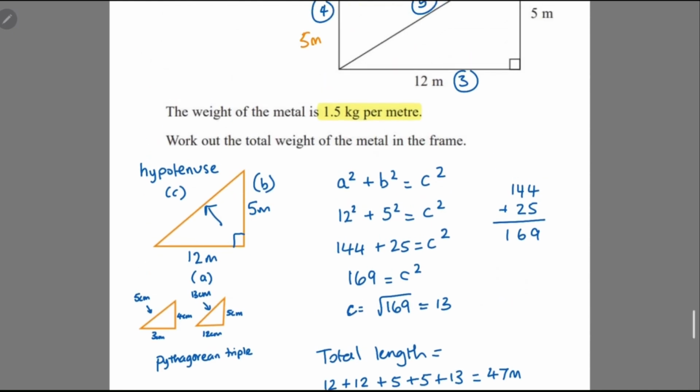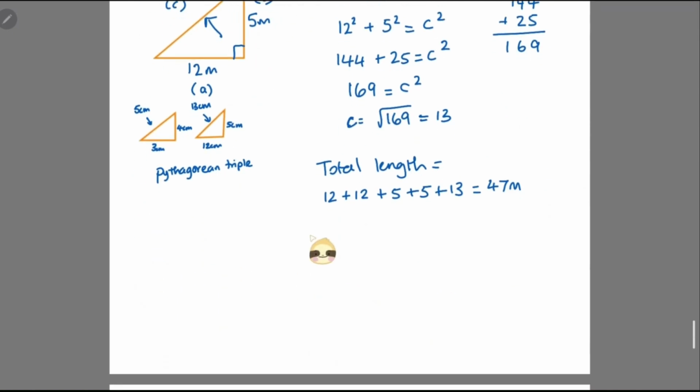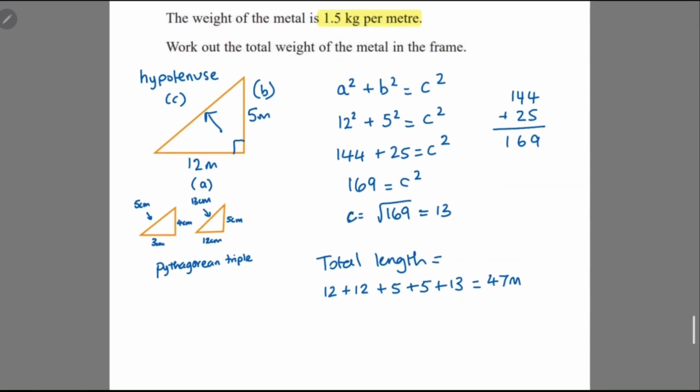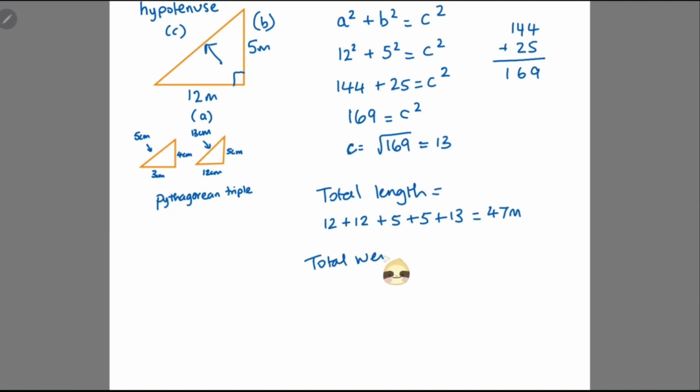Now we know that it's 1.5 kg per meter, so basically the total weight is going to be 47 times 1.5. Right, for those of you that don't like multiplying with decimals, we can break this up into 47 times 1, and then we need 47 times a half.